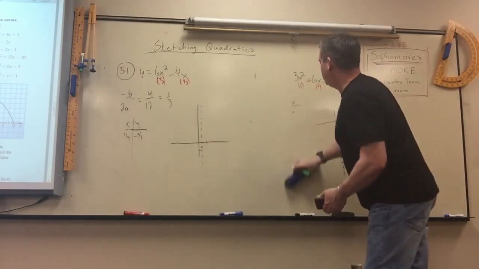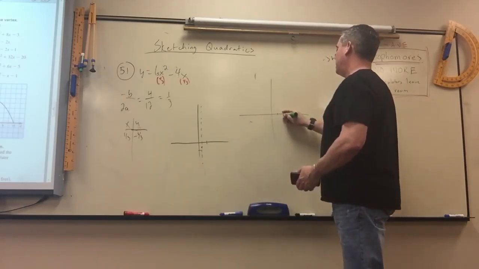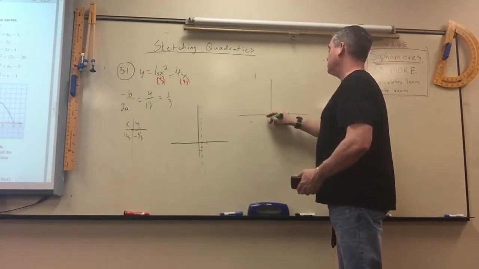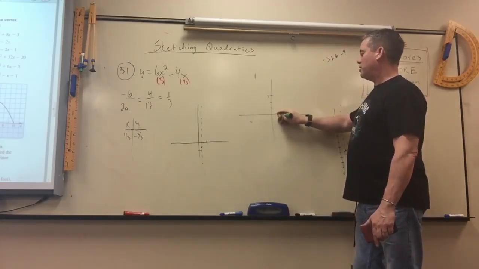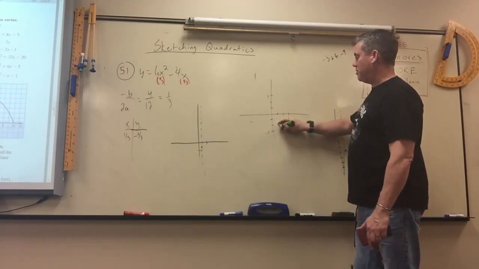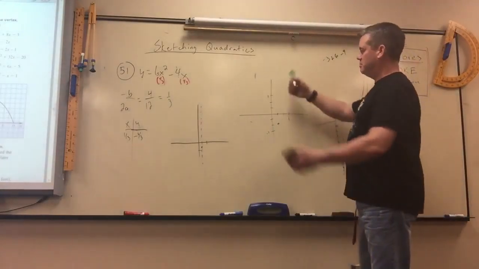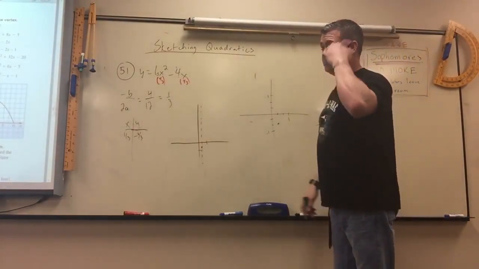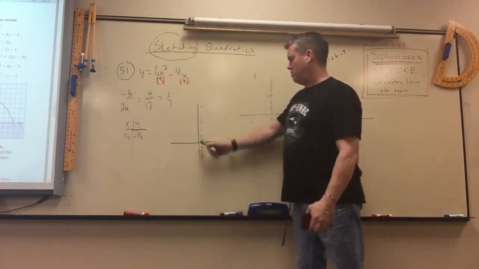What you could do on your graph is make each mark count as a third. That way 1/3 over would be right there, and 2/3 down would be right there. But then you're gonna have pretty big numbers for the next one. Since it's just a sketch, it's not accurate, so you can just estimate.